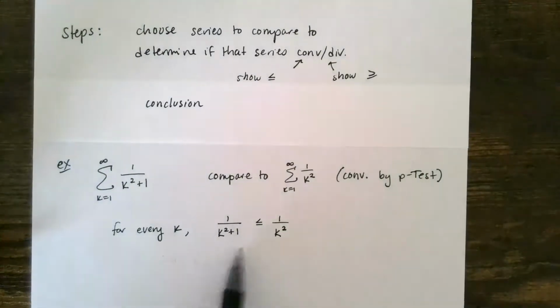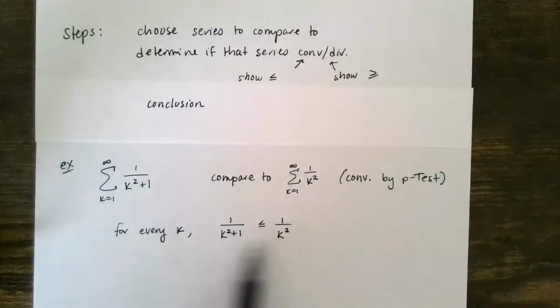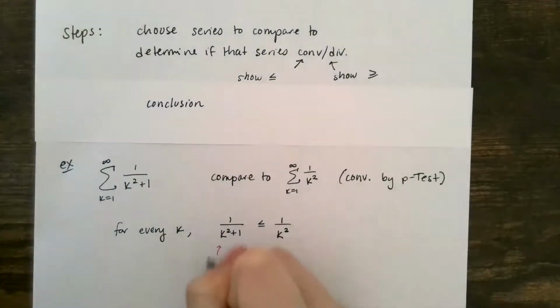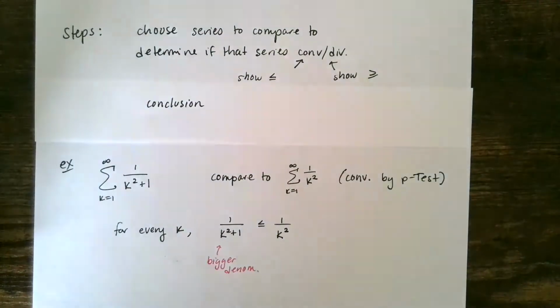But the reason this is true is that the difference between the two is this plus 1 right here, right? So this fraction has a bigger denominator than the other one. A bigger denominator and everything else the same means a smaller fraction.